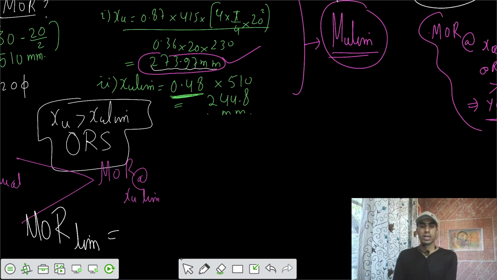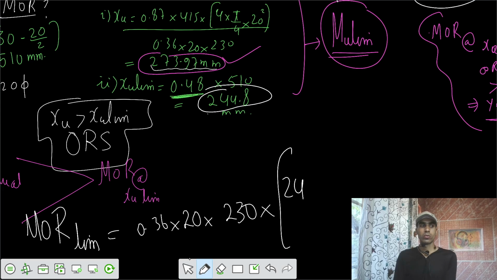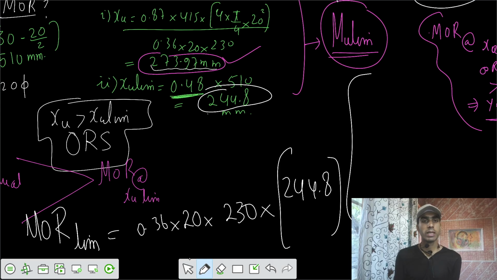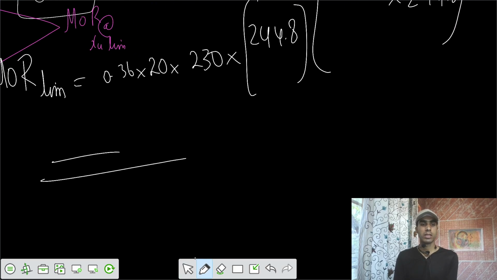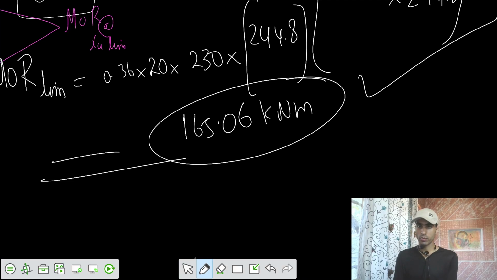For that, the equation is 0.36 fck into b into Xu limiting, that is 244.8, into the value of d minus 0.42 Xu limiting. The value of d was 510, minus 0.42 Xu limiting. So this is our equation, and finally the limiting moment of resistance is equal to 165.06 kilonewton meter. So this is the limiting condition of moment of resistance.